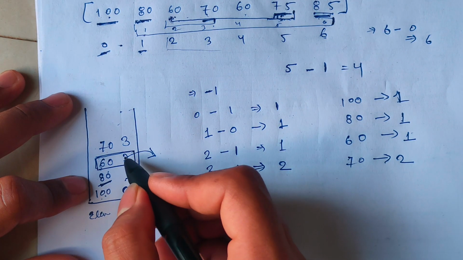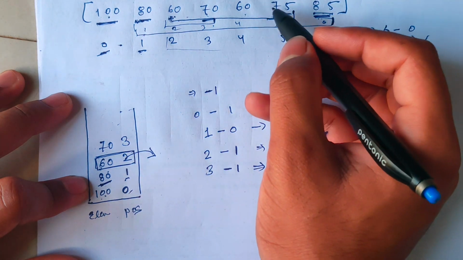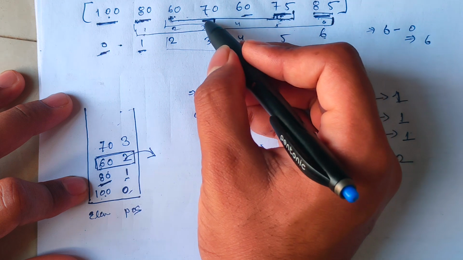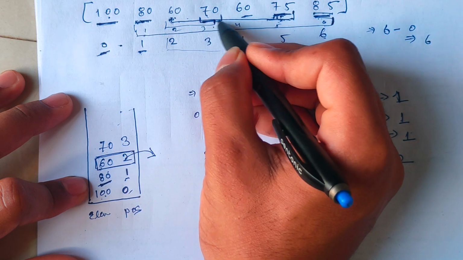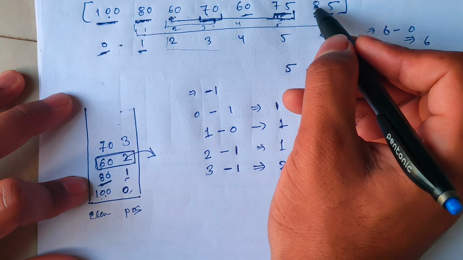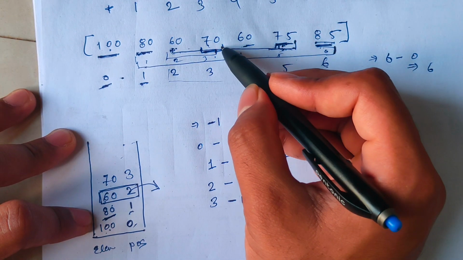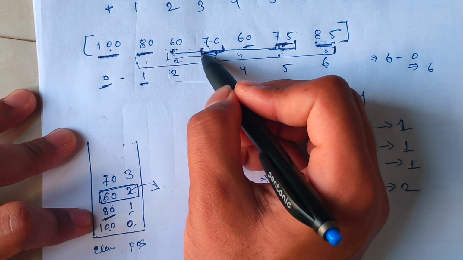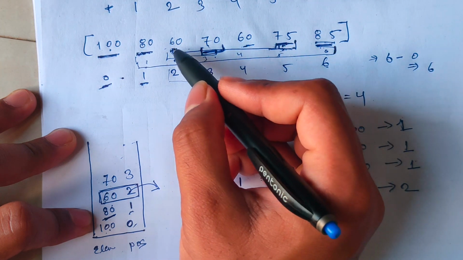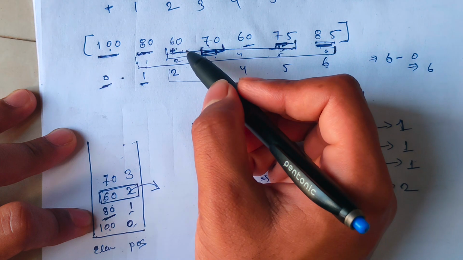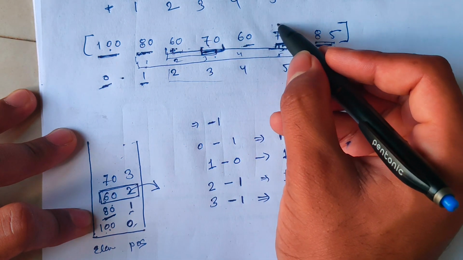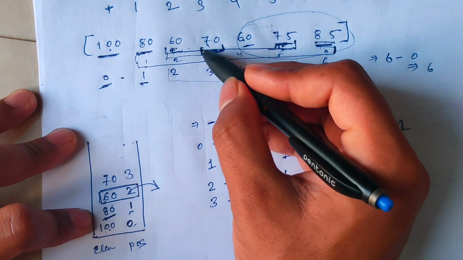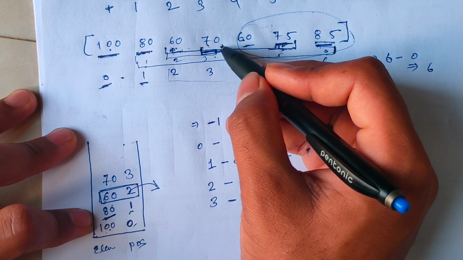We popped it out because if we see from this side, if 70 is the greater element for any element after 70, then 60 cannot be the previous greater element for any element which is after 70. Like for 60, 70 would be the previous greater element.